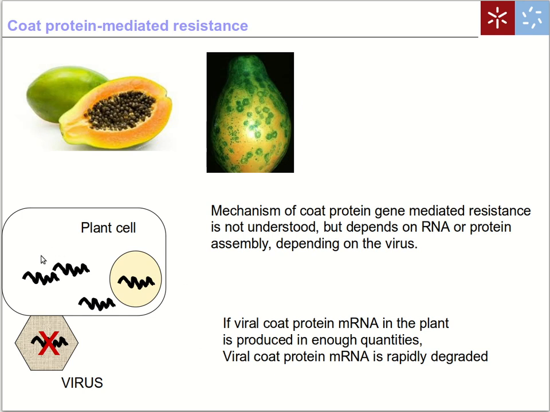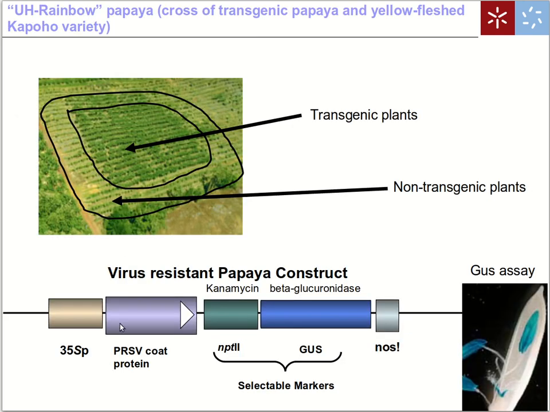Whatever the mechanism, this was quite efficient. You can see here an example of a variety of papaya called Rainbow that is made to be virus resistant. Here you can see the construct that was used. This was done many years ago, so kanamycin resistance was used together with a reporter gene, the GUS reporter gene, and this construct was linearized and integrated into the genome.